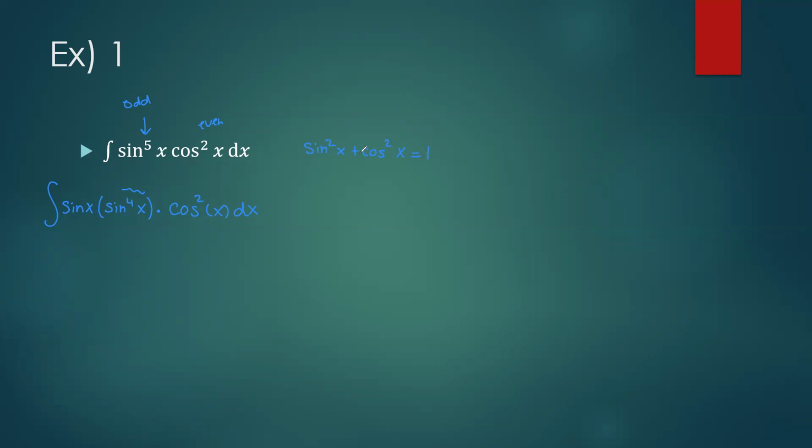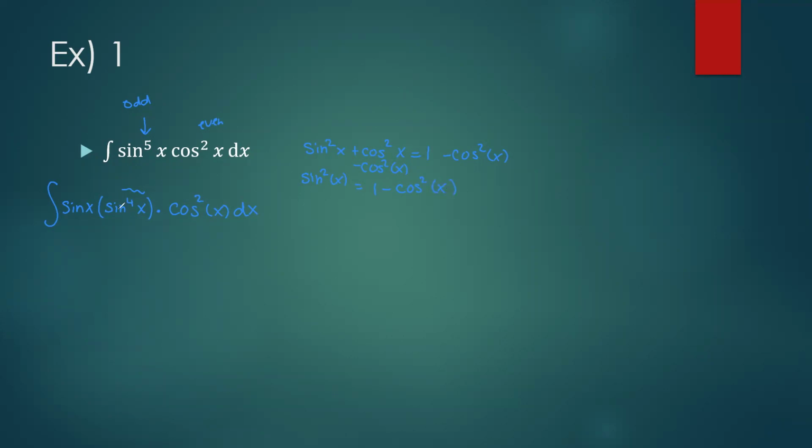We don't see a sin 4, but we can solve for sin squared x by subtracting cosine squared x from both sides. So sin squared x is 1 minus cosine squared of x.